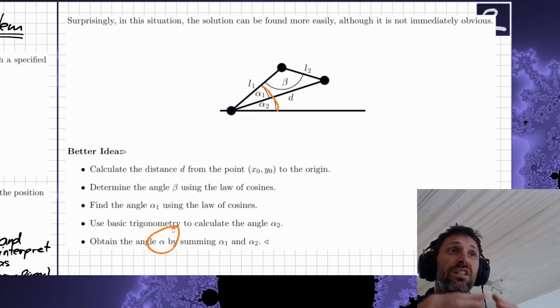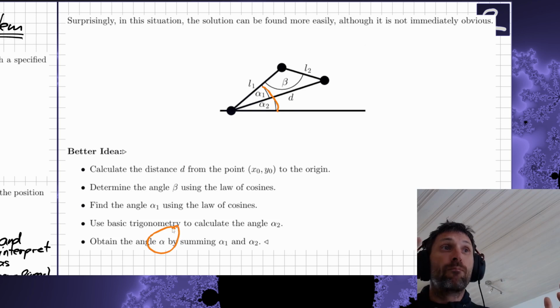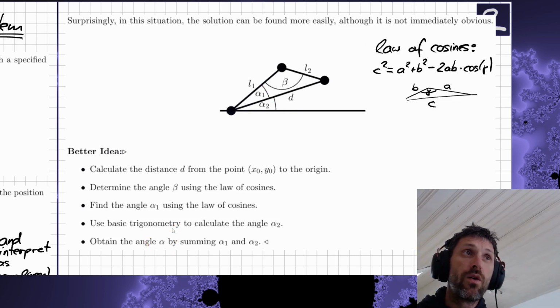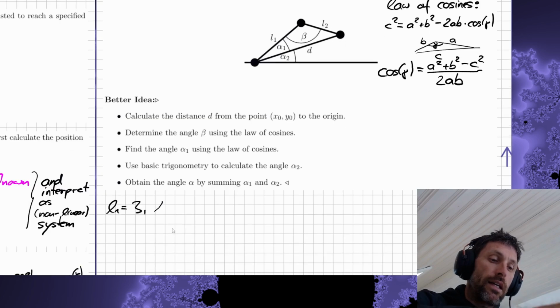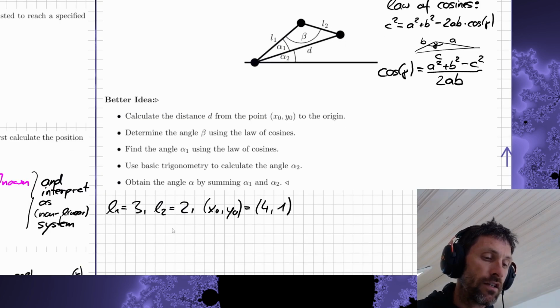This example was an example where a set of equations may come from. So how can we do the calculation? There's a law of cosines. I hope you remember, otherwise here it is. And now applying it for our situation, there's L1 and L2 and the given position.